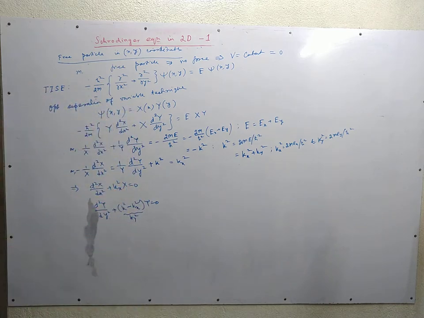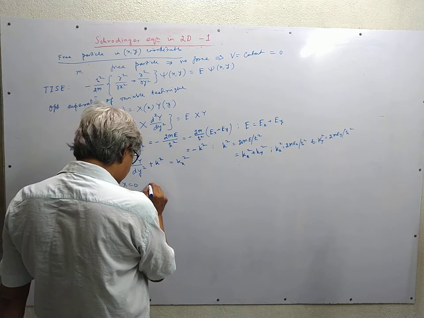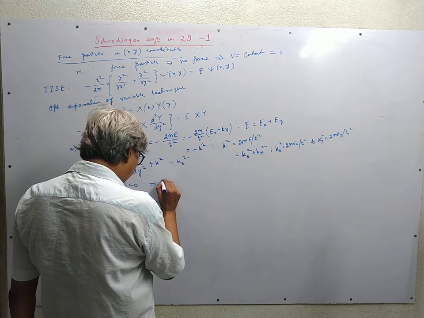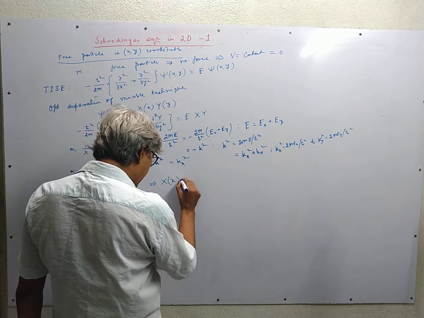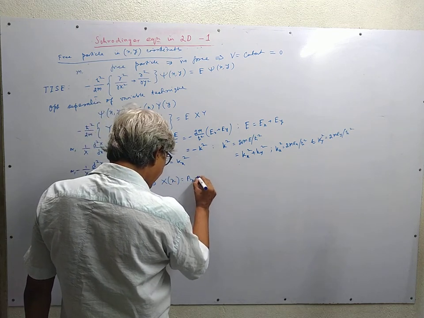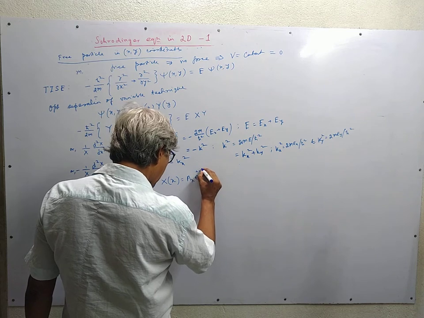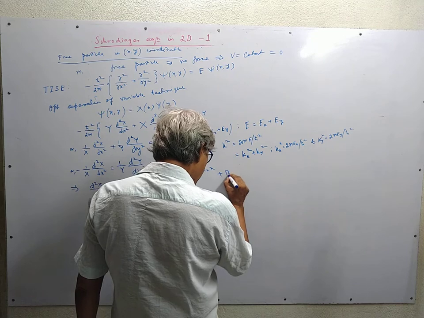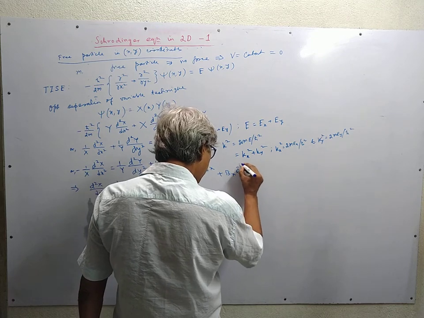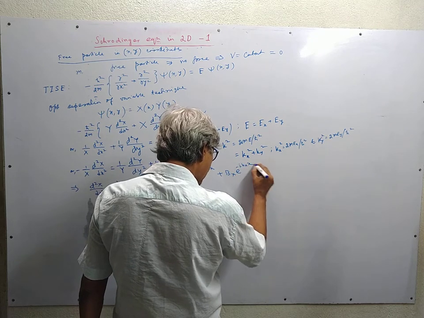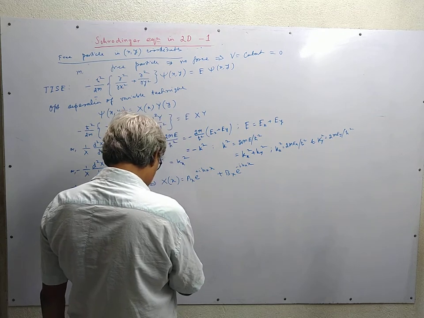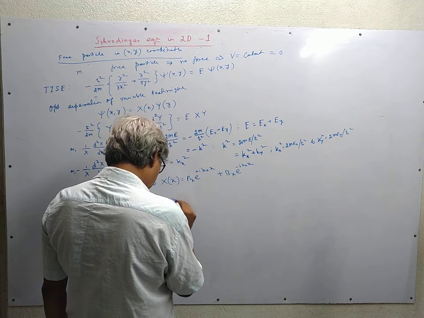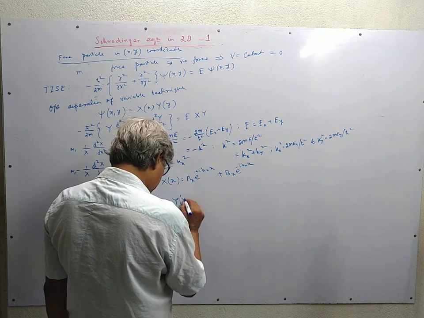Now for free particle, we assume its solution to be X of x as Ax e to the power plus i kx x plus Bx e to the power minus i kx x, and for these we write Y of y.